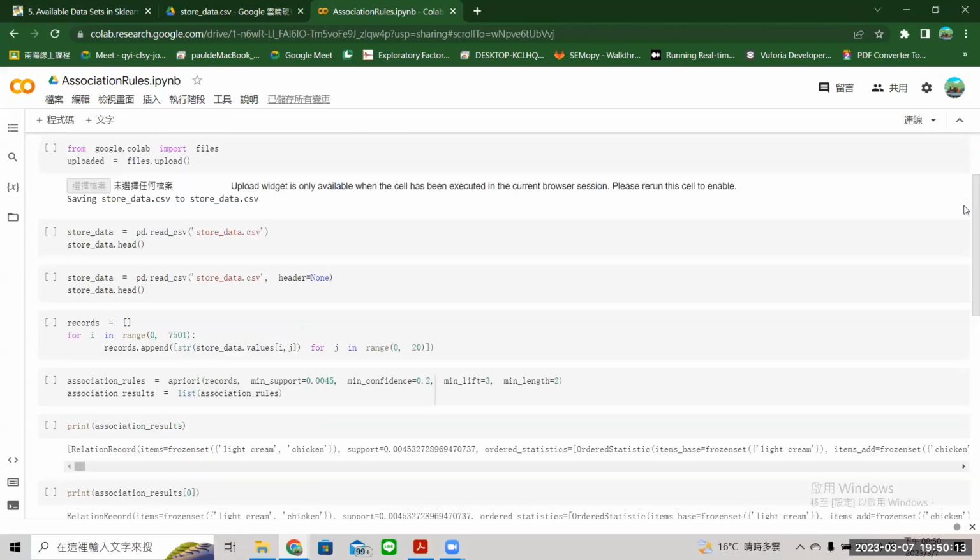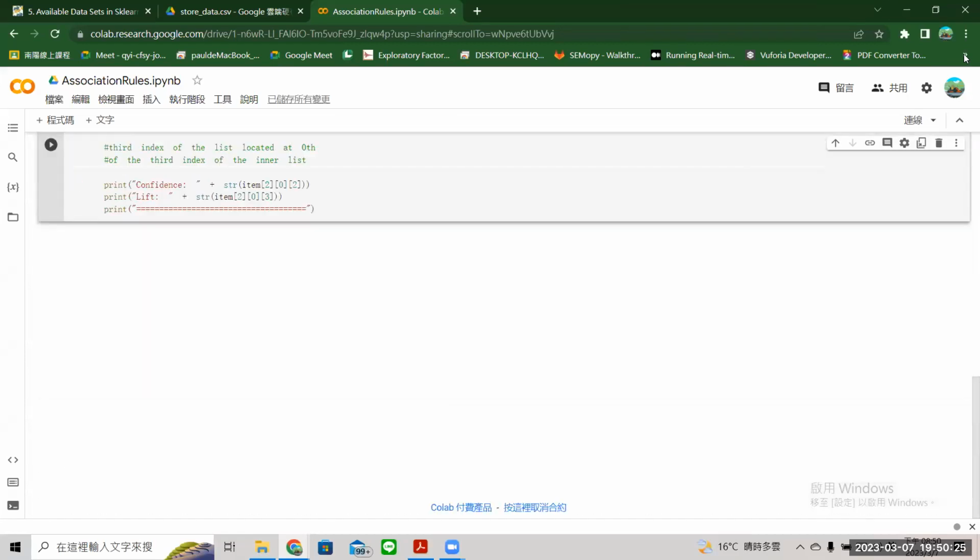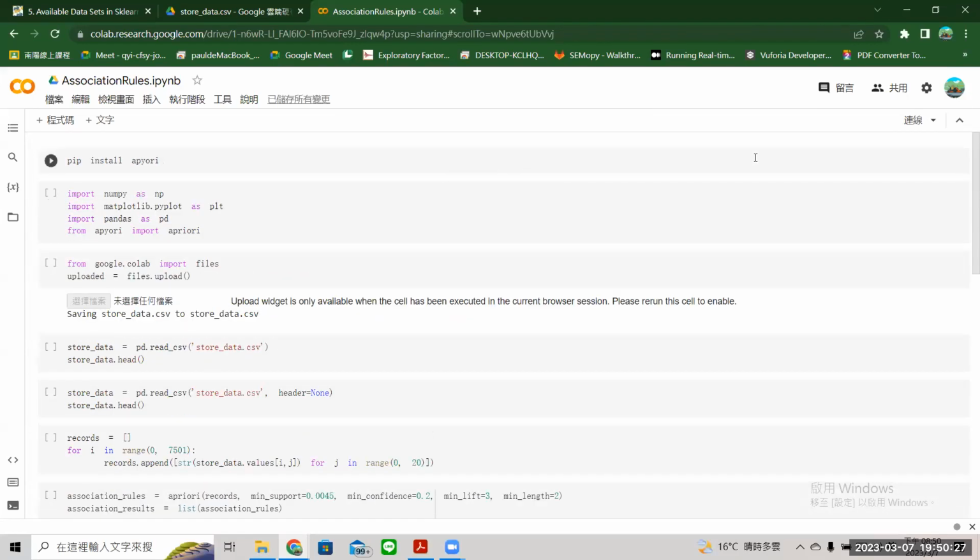Okay. So I think now you know how to generate the association rules from big data sets. And the final topic, we are talking about a more advanced topic. Actually it's a short review.